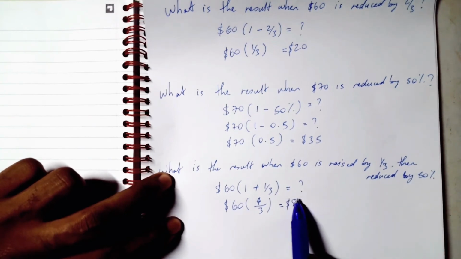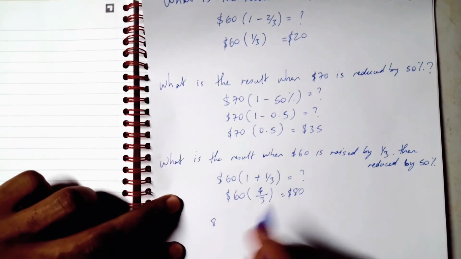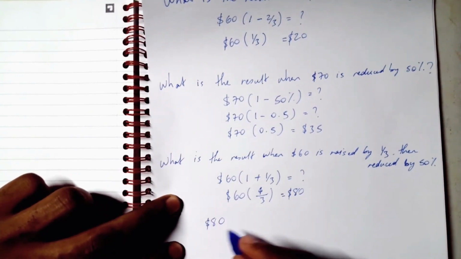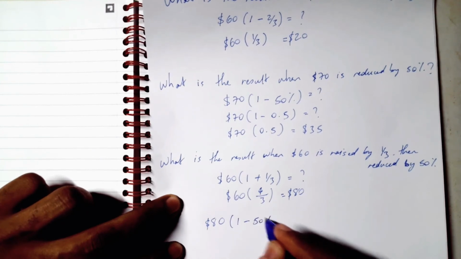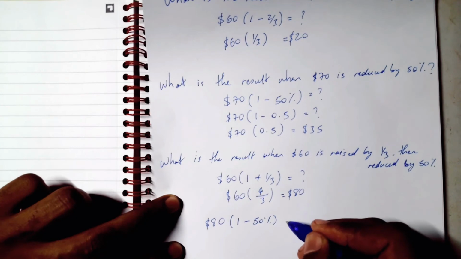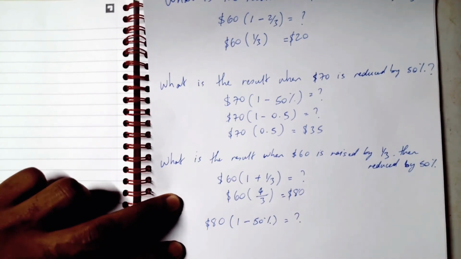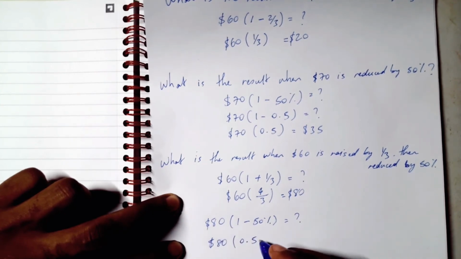And then we will reduce this $80 by 50%, which is equal to something we don't know. So we're going to write 80 multiplied by 0.5.